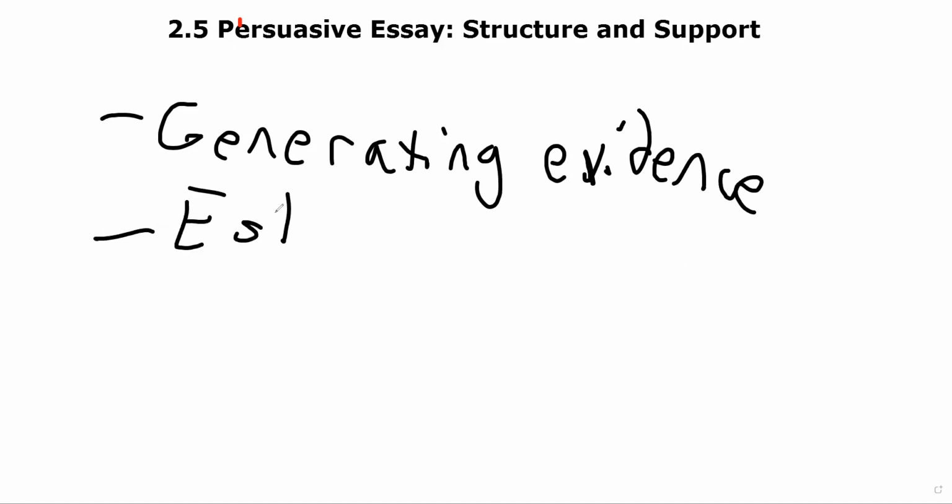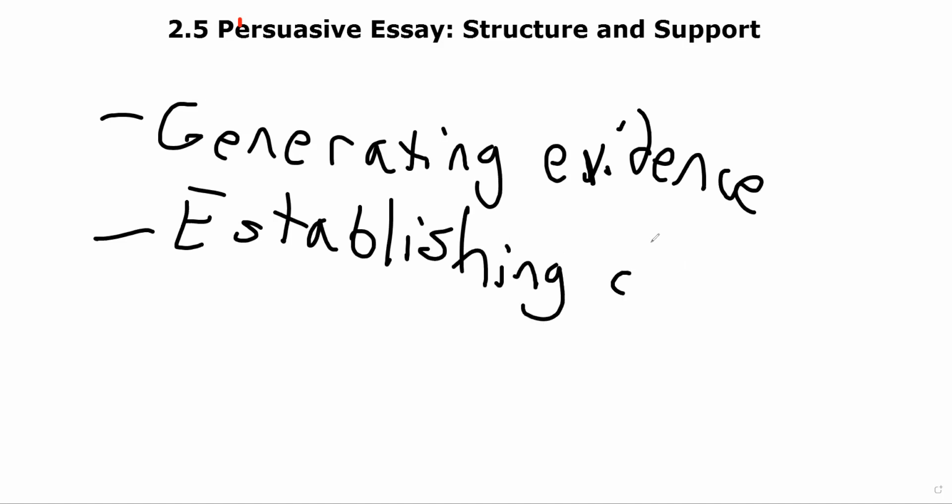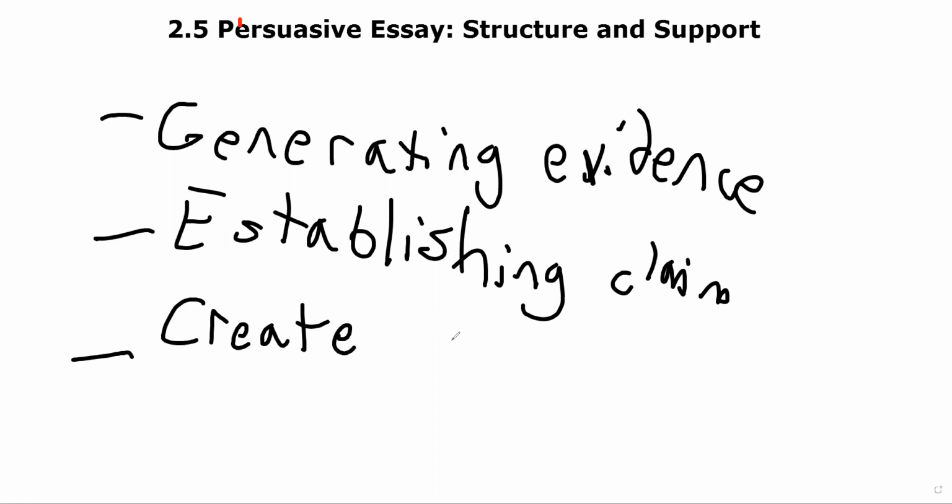Establishing a claim. We always want to establish our claim after we have developed or generated our evidence. And then from there, once we have established the claim, we can create and outline our thesis statement and body paragraphs.